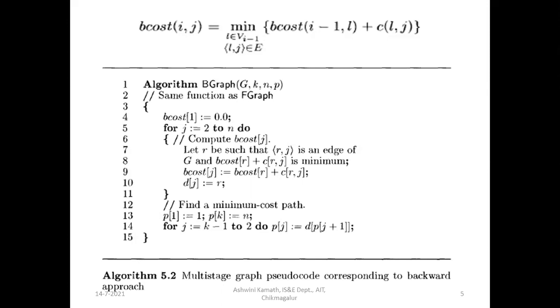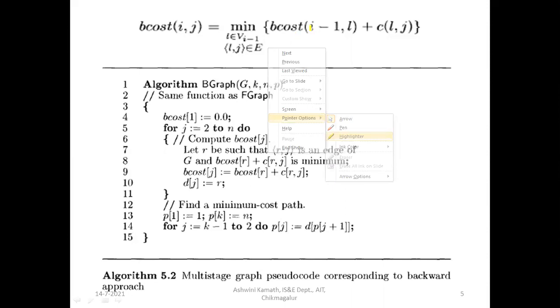You can notice that the stage number is not given here. The ith stage and i plus 1th stage are ignored in writing the algorithm. So B cost of j is equal to B cost of r. Here instead of l we have r. So the stage number is not there. That is the only difference.